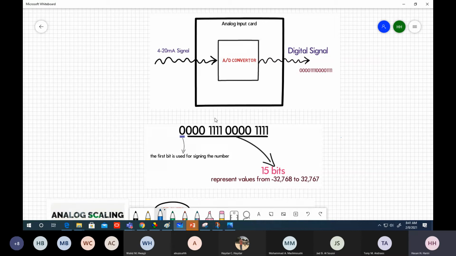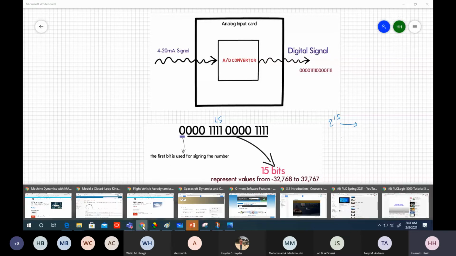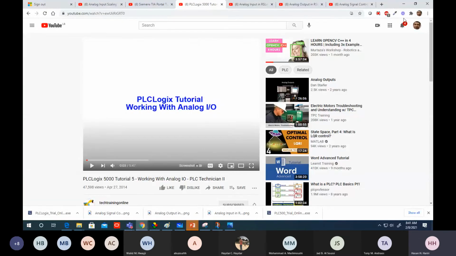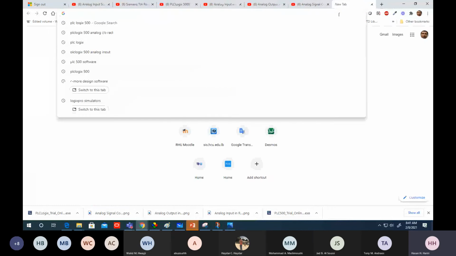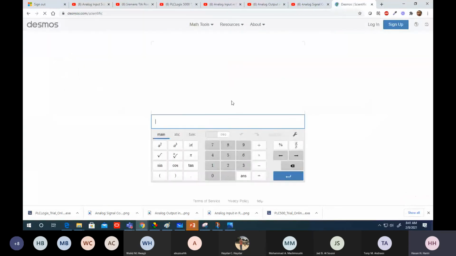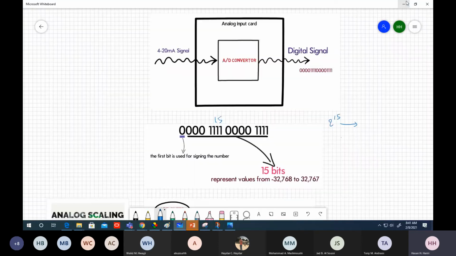Then the remaining you have 15 bits. So 15 bits corresponds to how much in decimal? You need to compute 2 to the power 15, which is 32768.